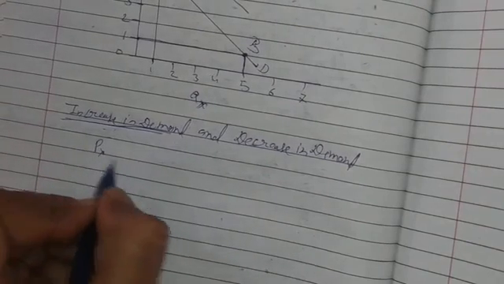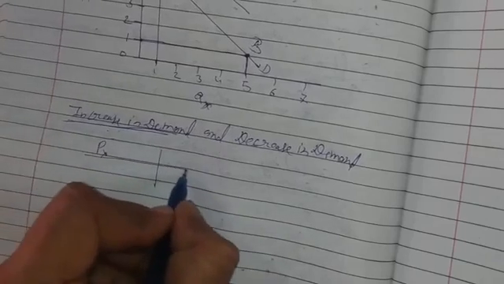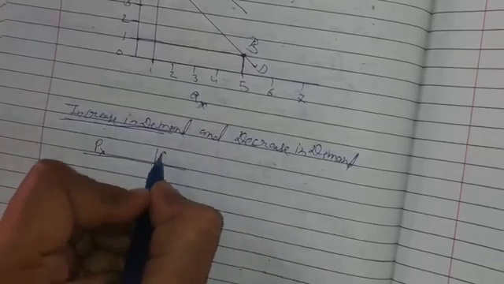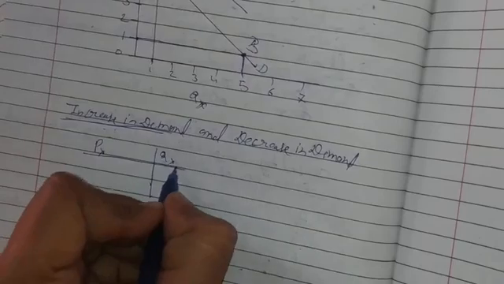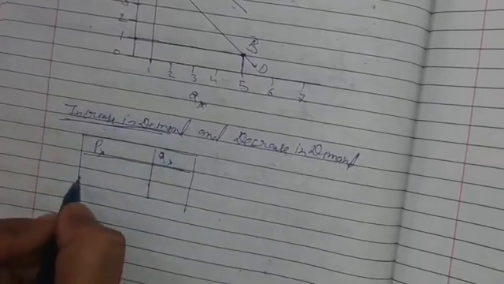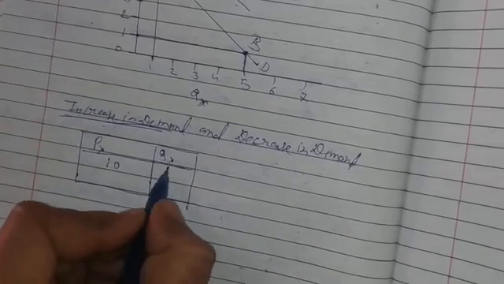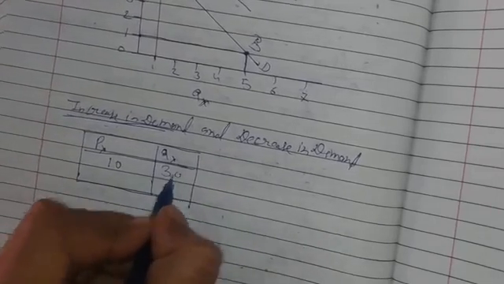Suppose the price of commodity X and the quantity of commodity X. The price of commodity X is 10 rupees and quantity demanded is 30.